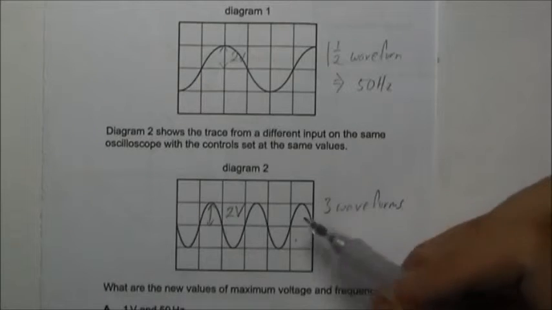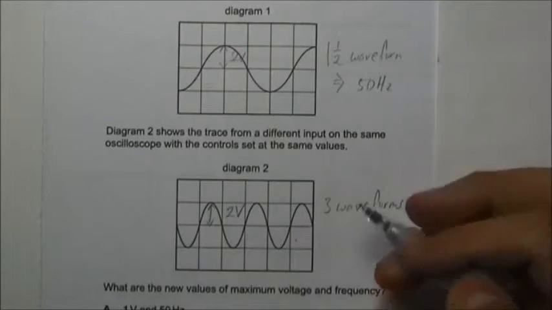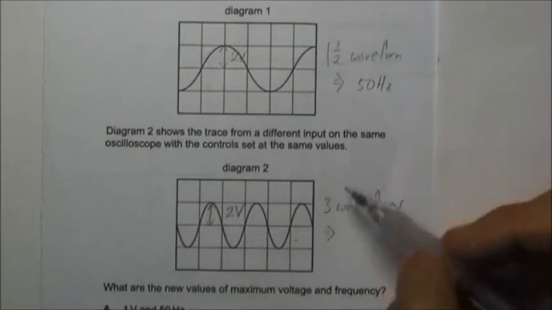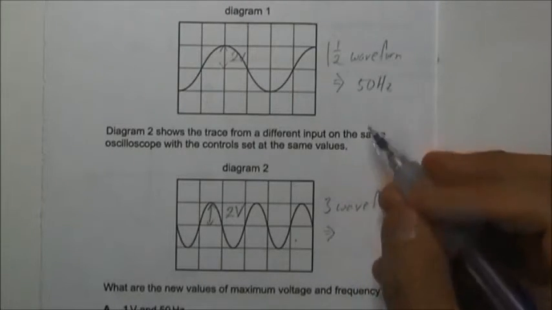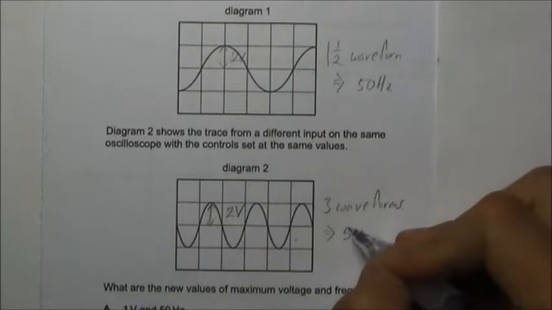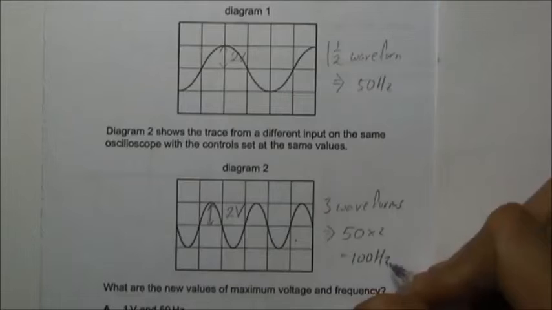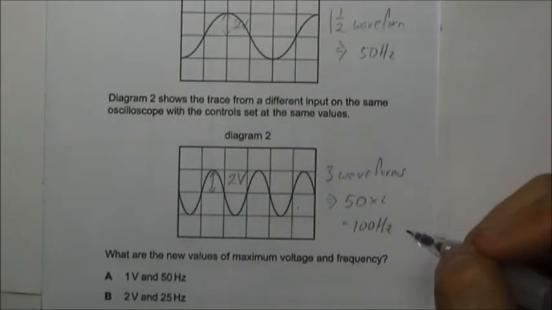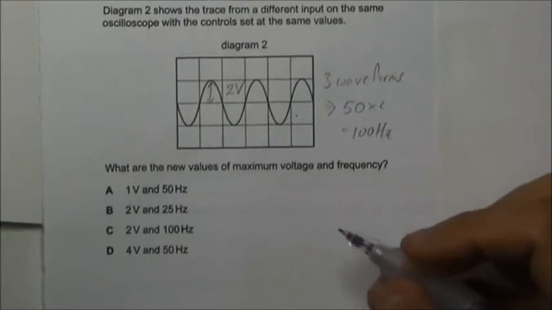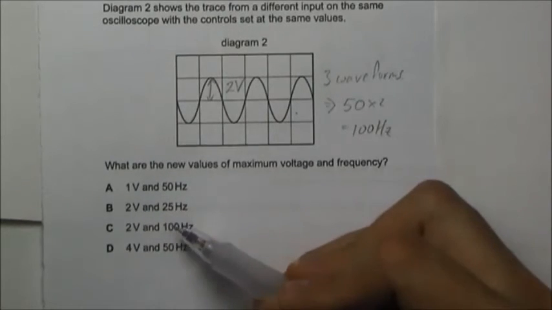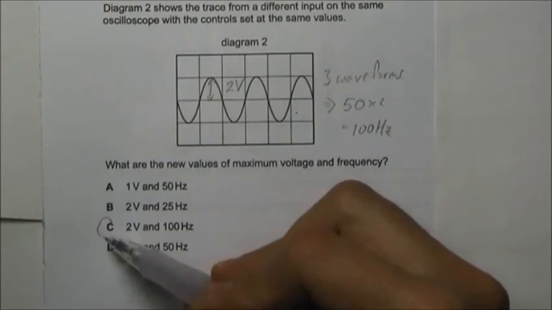Since the number of waveforms increases by 2 times from 1.5 to 3, that means the frequency has doubled. So it's 50 times 2, that will give us 100 Hz. So the new value of the maximum voltage and the frequency should be 2 volt and 100 Hz. Answer C.